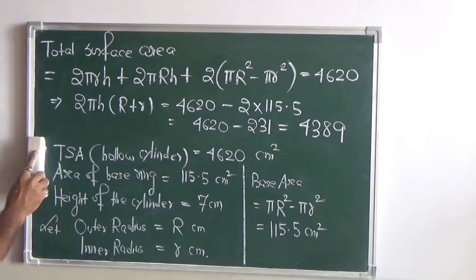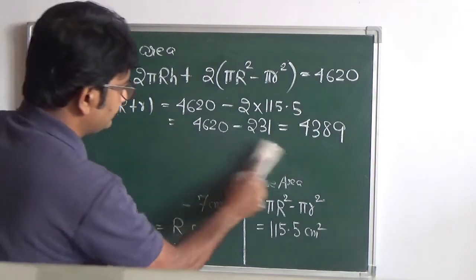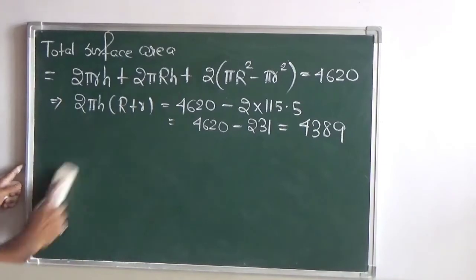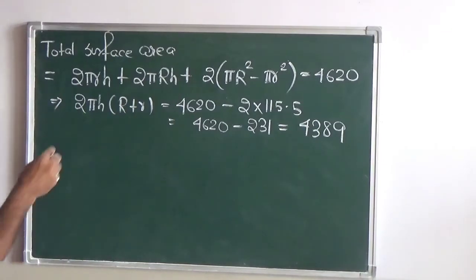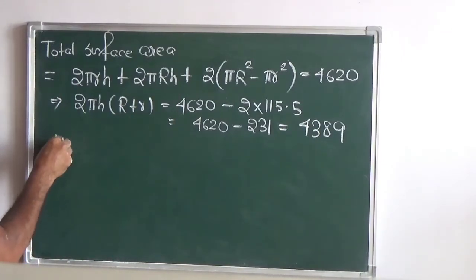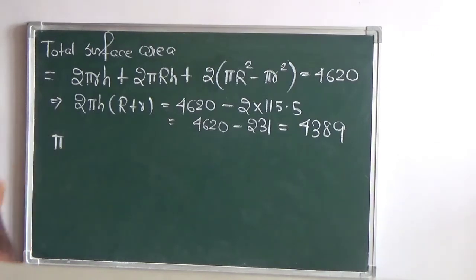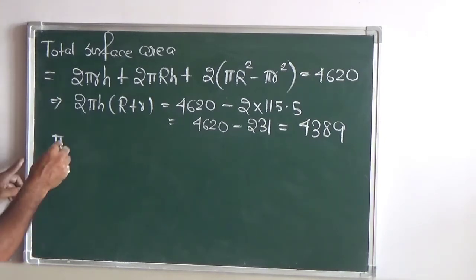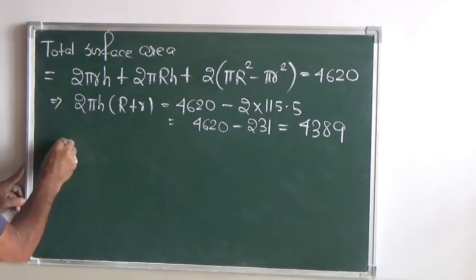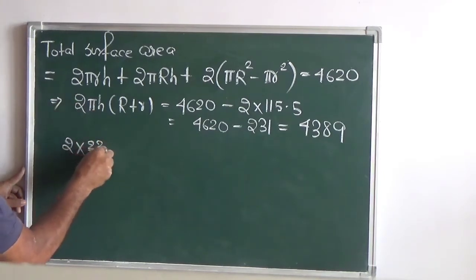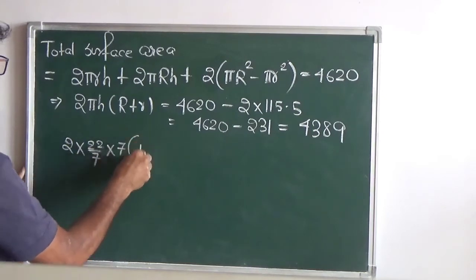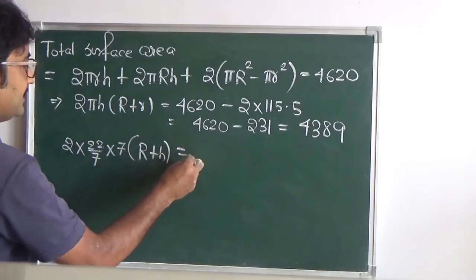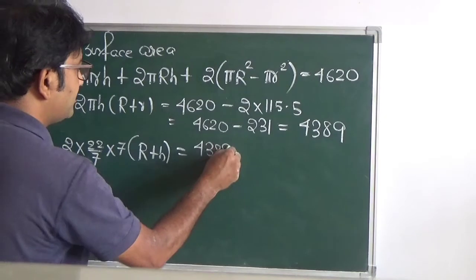Now from here we can write pi into the height, which is given as, how much was the height? 7. Yes, sir. So 2 into 22/7 into 7 into R plus r is equal to 4389.